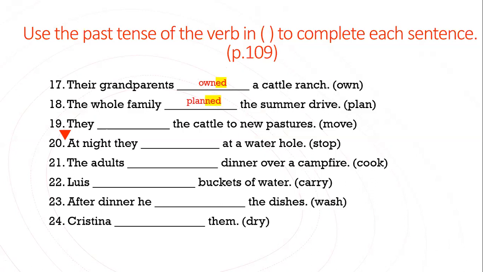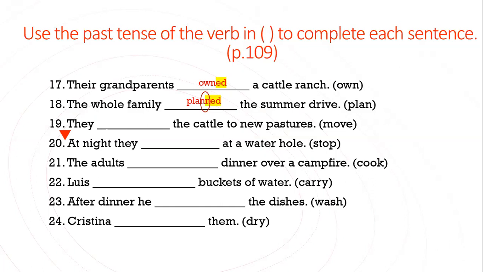18, the whole family planned the summer drive. Now notice that there's a double consonant. Why do you think that is? Well, according to rule number 3, verbs ending with a single vowel and a consonant, you double the consonant and add ed. I also told you that for one syllable words, you're going to do this.